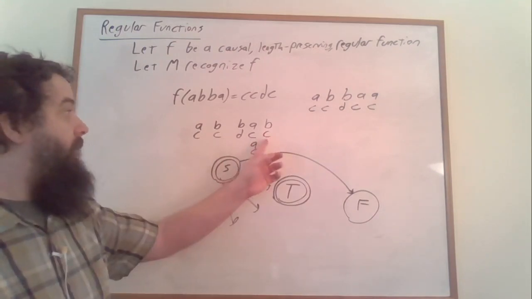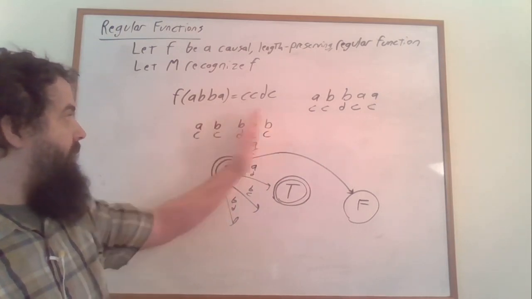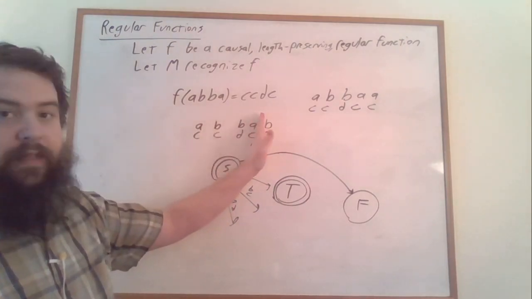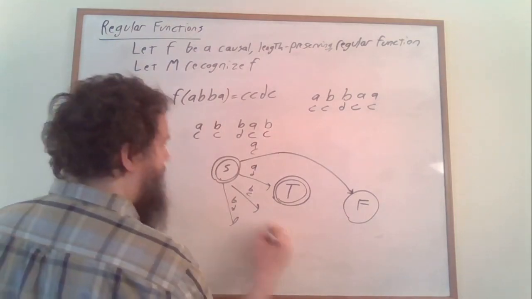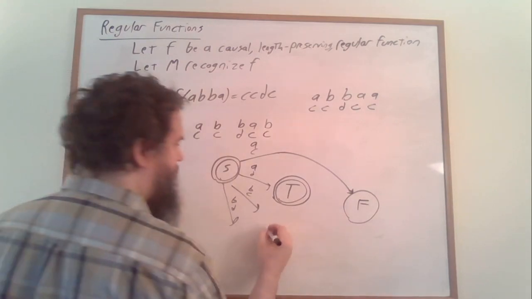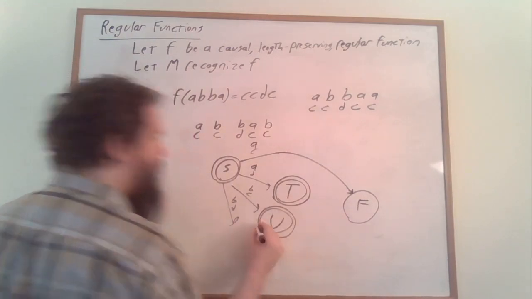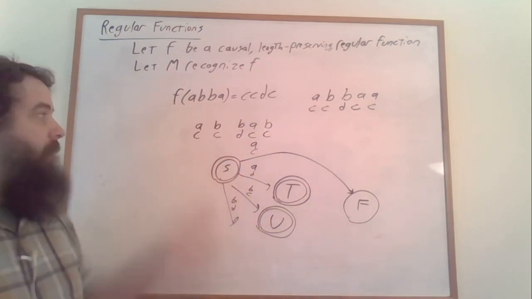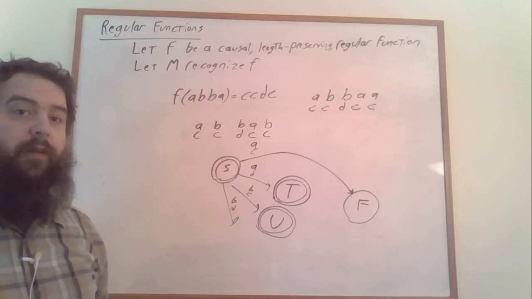Then when we read in a BC in state S, the state that we got to after reading this much of the input, we're going to wind up in some state, and again, this could be the same as S or the same as T. We'll call this state U. And it's some sort of accept state because this input is accepted by our finite state automaton.